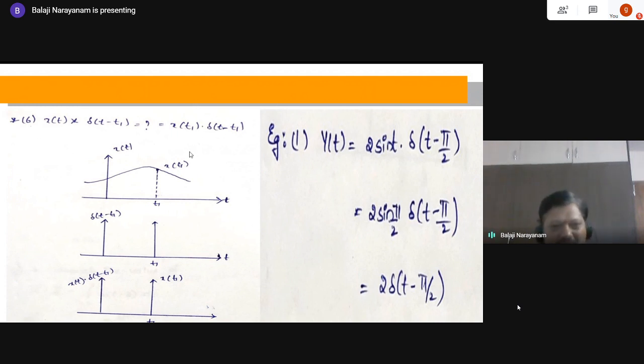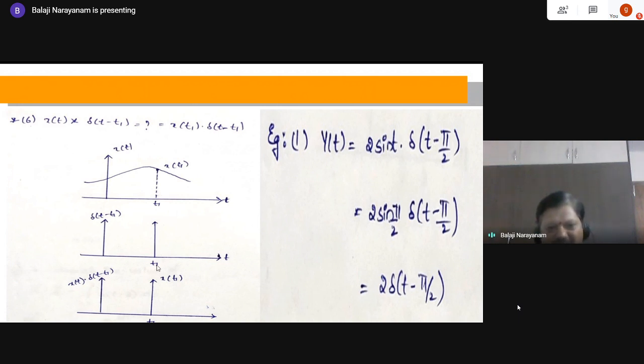If we plot the x of t signal here, and as at time t1 it has this much amplitude, we may take that as x of t1 and plot the delta of t minus t1. The meaning of delta of t minus t1 is that at time t is equal to t1 only it has an amplitude that exists.